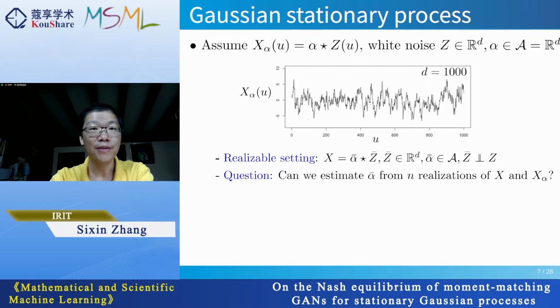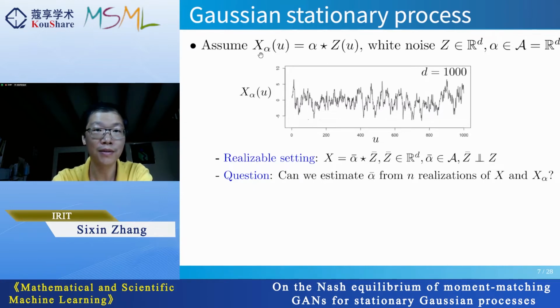So a Gaussian stationary process is not that far away from a Gaussian distribution, but we are interested in it because it has translation invariance, and we'll see that it has an important role in that we can define different features to estimate the optimal alpha.